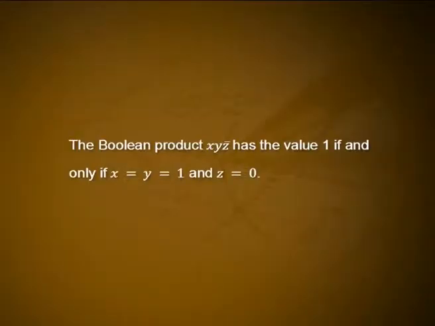To represent g, we need an expression that equals 1 when x equals y equals 1 and z equals 0, or when x equals z equals 0 and y equals 1. We can form an expression with these values by taking the Boolean sum of two different Boolean products. The Boolean product x y z bar has the value 1 if and only if x equals y equals 1 and z equals 0.